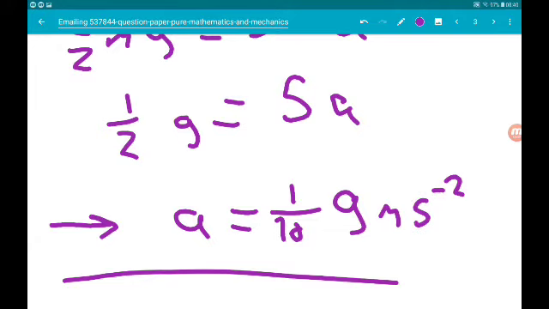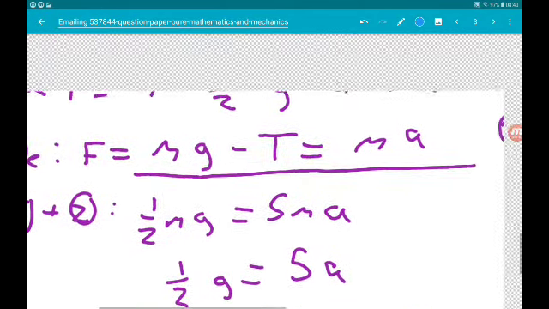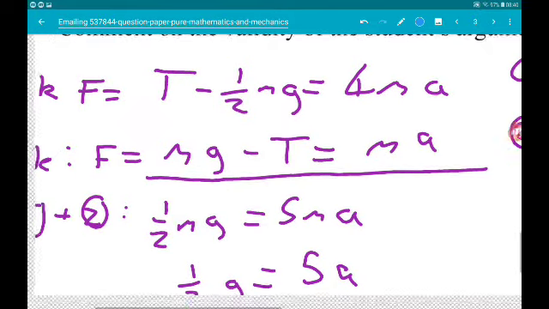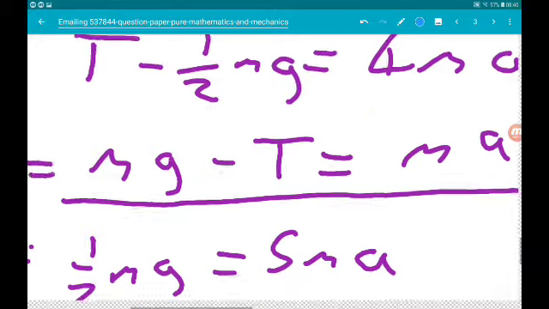Okay, so now that we know that, we can work out an expression for tension. Let's use this bottom equation.